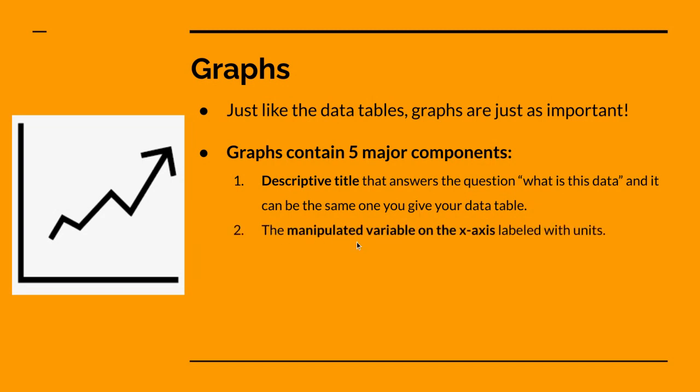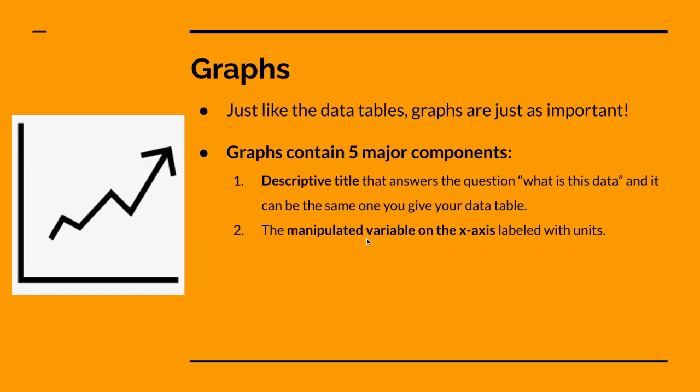The next thing is that the manipulated variable is going to be on the x-axis, okay? So the guy that you put on the left-hand side of your data table, he's going to go onto the x-axis. And remember, that is your horizontal axis, okay? This is your horizontal axis. All right, because again, this manipulated variable is only altered by us, or at least it's chosen by us.